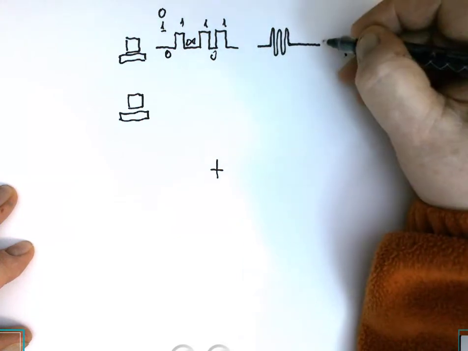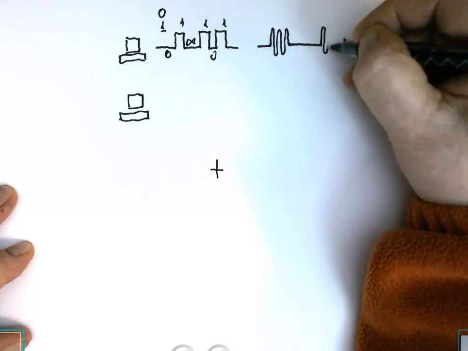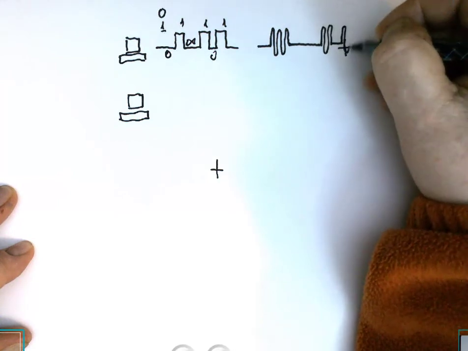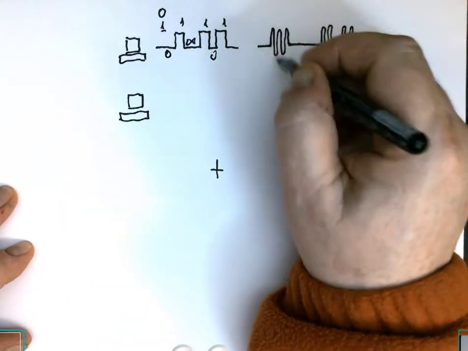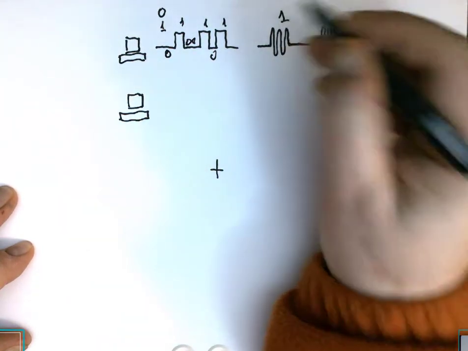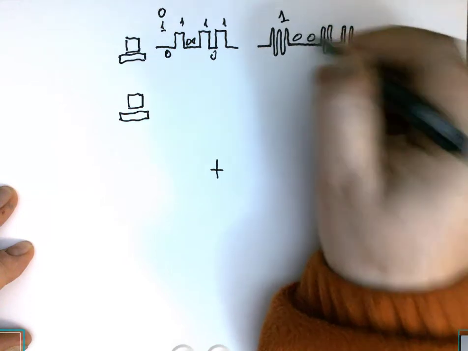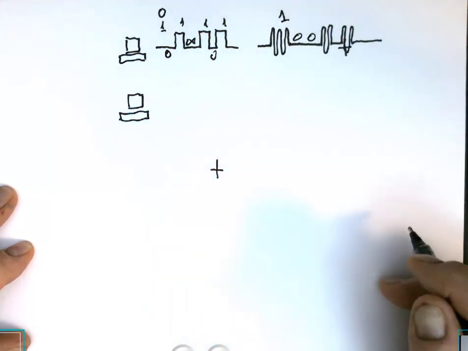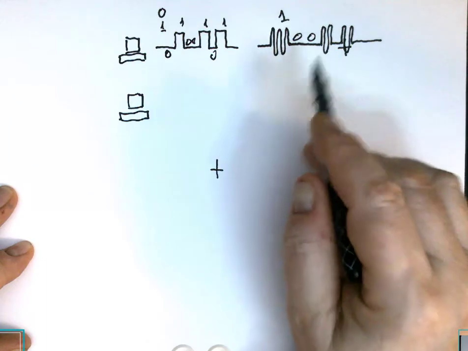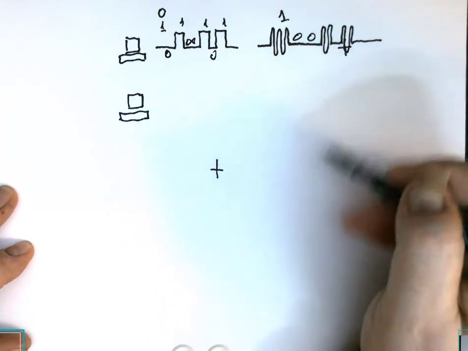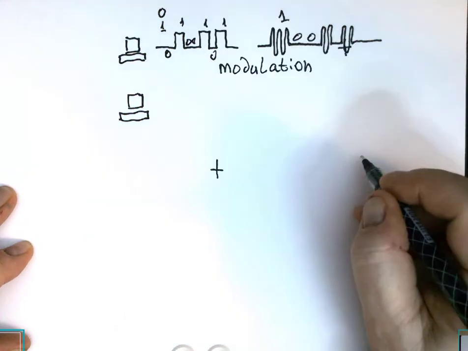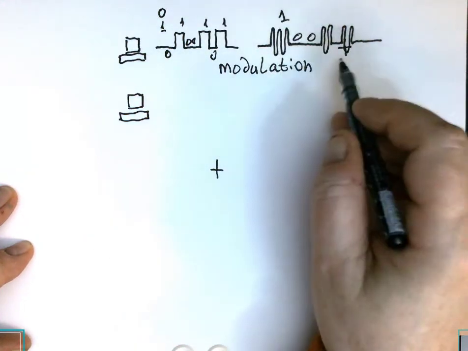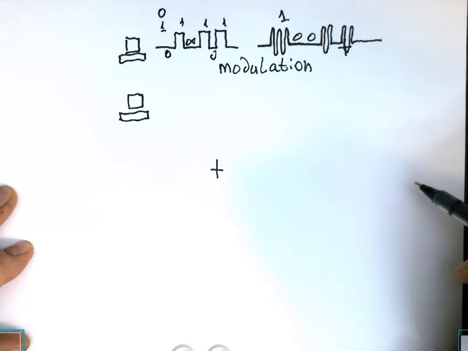Then absence is 0, then the tone, and another one. That's already sound. Look at this. Presence of sound is 1, absence of sound is 0. But to make this, we need to have a device. The process itself is named modulation, because the sound is modulated according to the binary information.